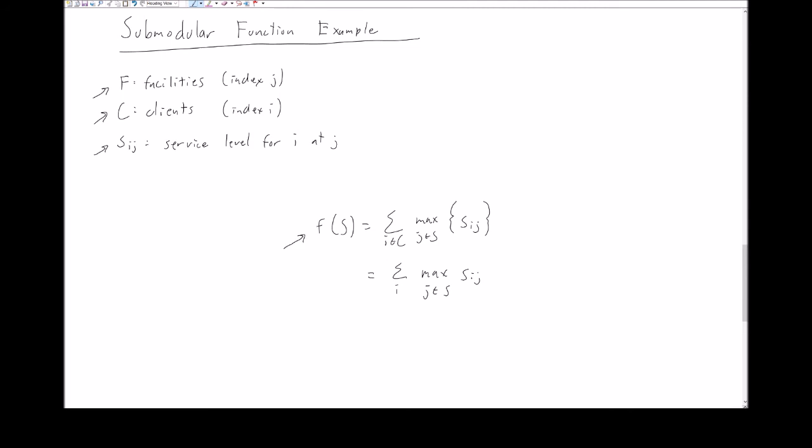F of S, for some S that's a subset of our facilities, is going to look at every particular client, and every client is going to look at the facility that we've picked that gives them the highest service level. We're going to drop some of this notation so that we can explain it a little bit easier without having all of these brackets and sets. We can prove that this function is submodular.